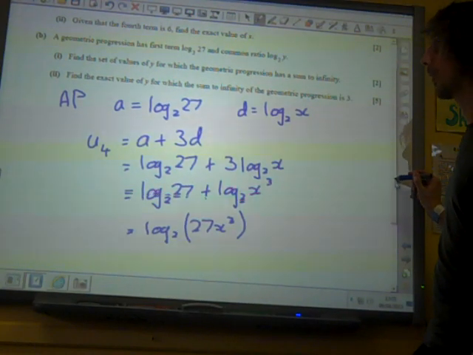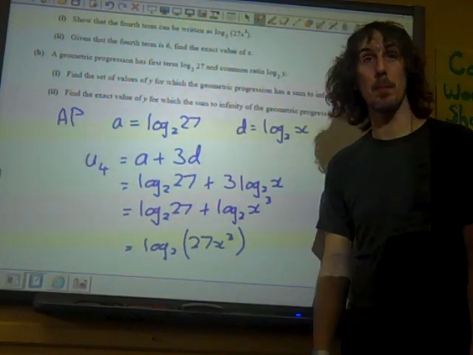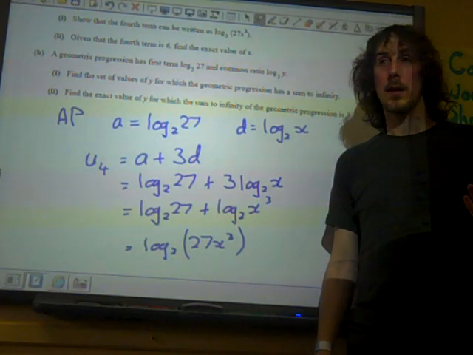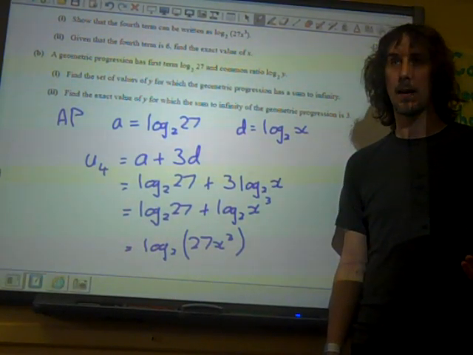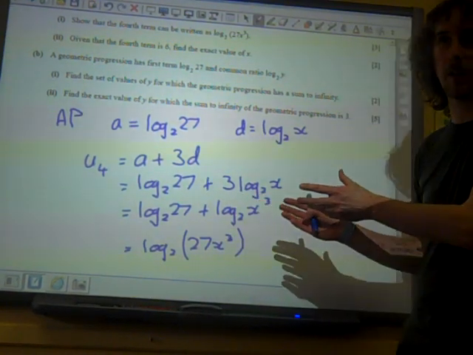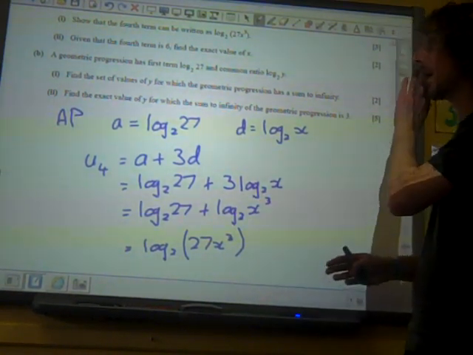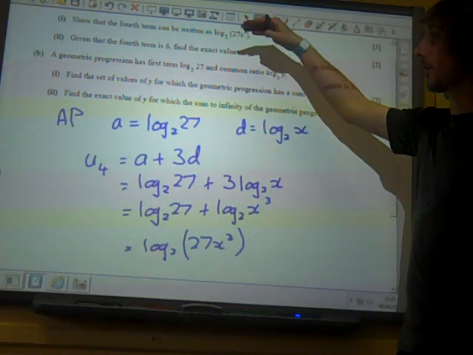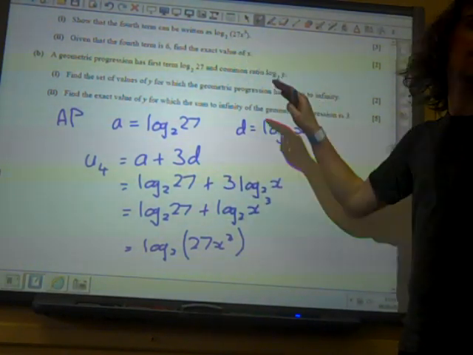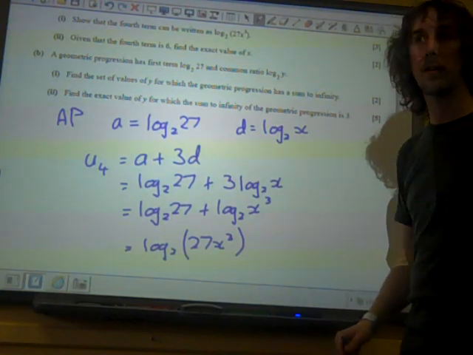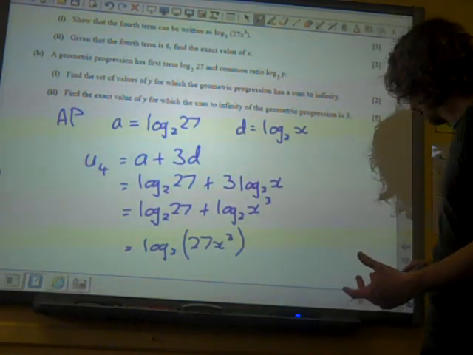It is. So there we go, that was 3 marks there. You kind of feel that most of those marks were for avoiding panic. Because once you actually got into what was going on with it, it wasn't nearly as bad as it seemed. Now we're told that the fourth term is 6. So we need to find the exact value of x. So we're given some more information now.